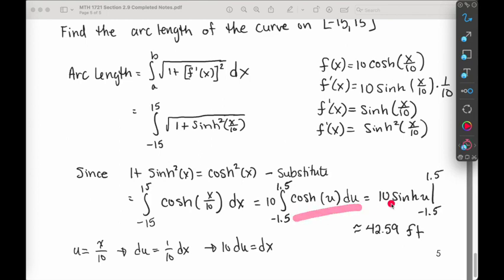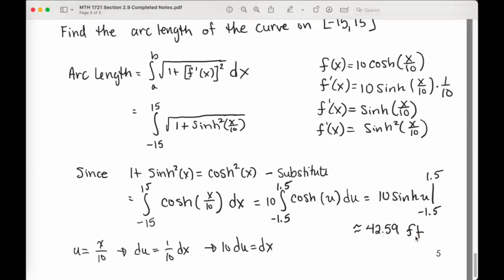When I do this integration, I get that I have 10 hyperbolic sine, and we're going to evaluate it from negative 1.5 to 1.5. And when we punch that in on the calculator, we're going to get 42.59 feet.